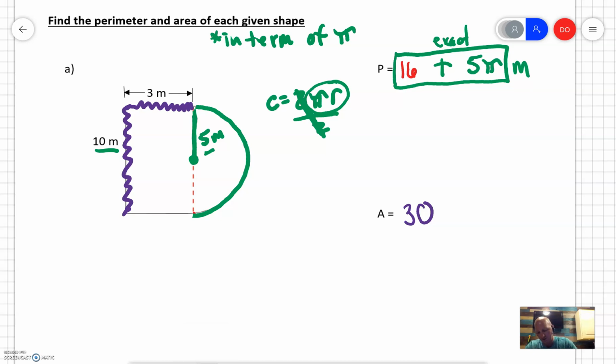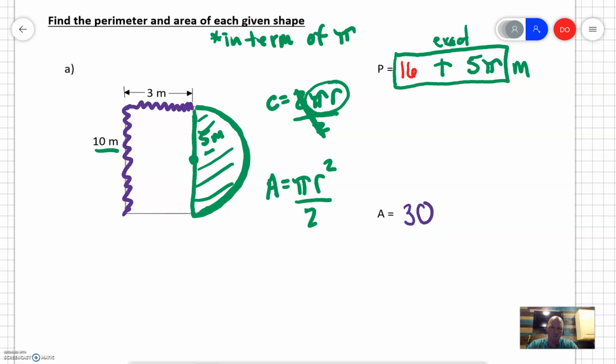We have a circle here, and I want to figure out its area. Again, how much space it takes up, how many squares fit inside of there. The area for a circle is pi times the radius squared. And in the end, I only have half of a circle, so I really want to take that value and divide it by 2 to get the area.